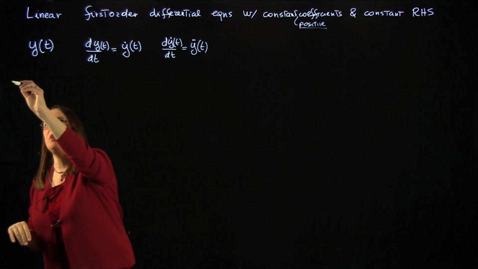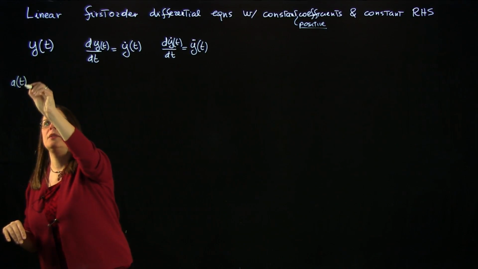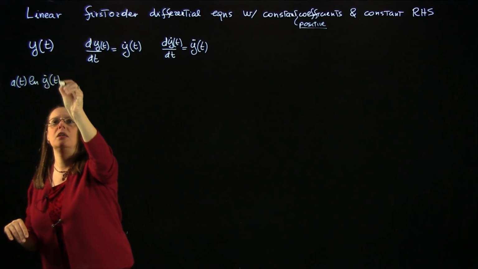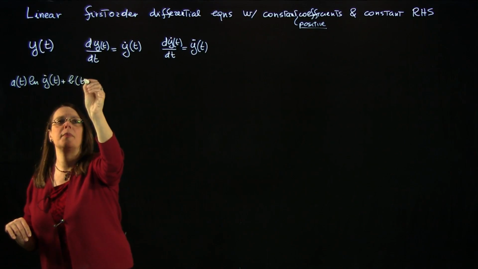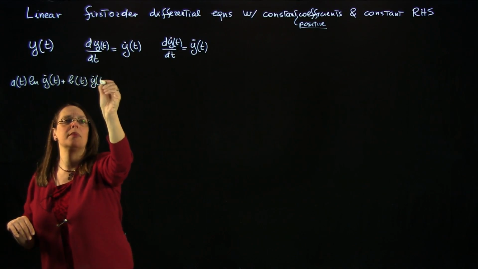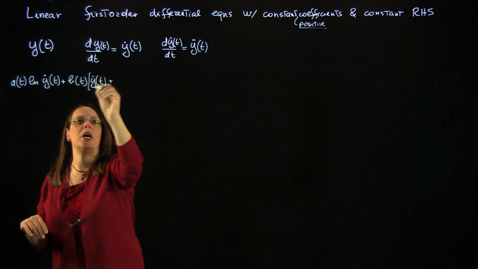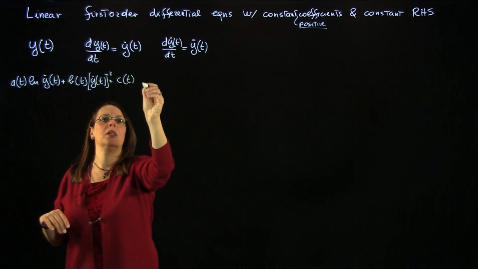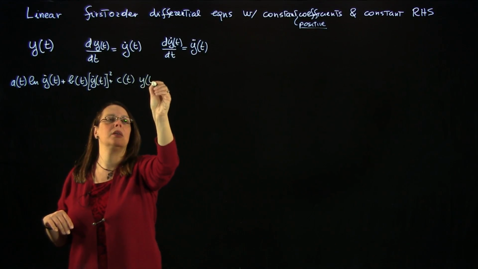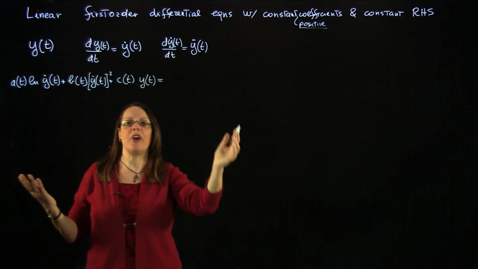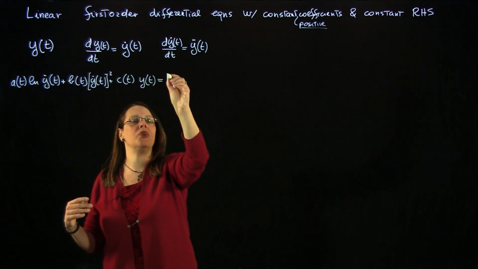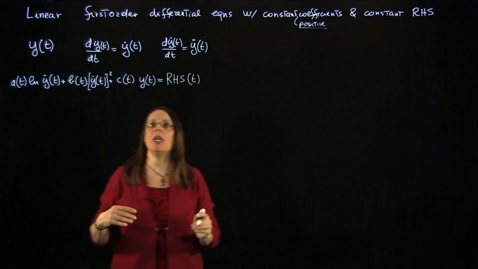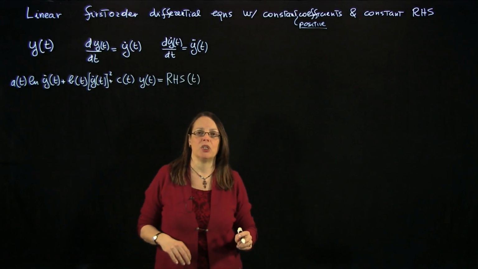For instance, you can have something like a of t times y double dot of t, plus b of t times y dot of t, plus, say, y dot of t squared, plus c of t times y of t, equal to some function that you know, whatever function you have on the right-hand side, a function of t. In general, something like this is called a differential equation.